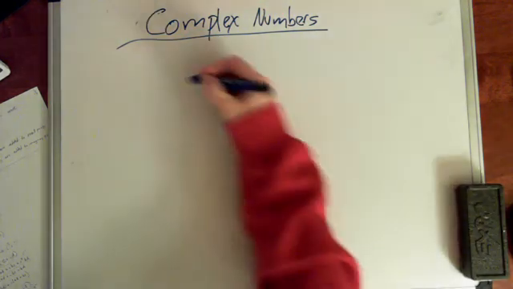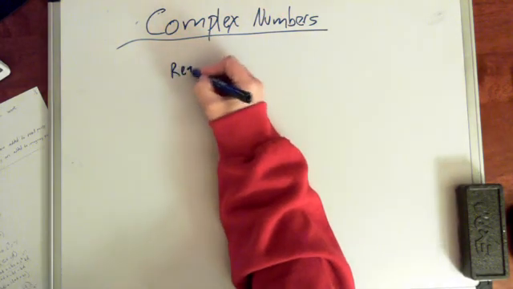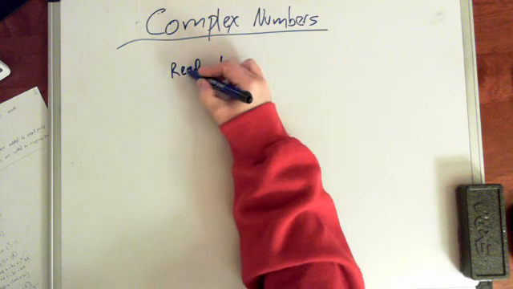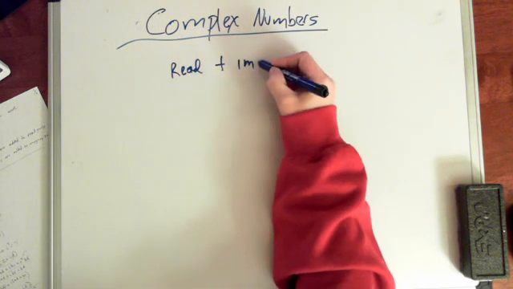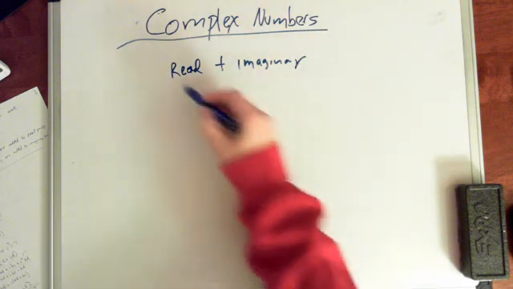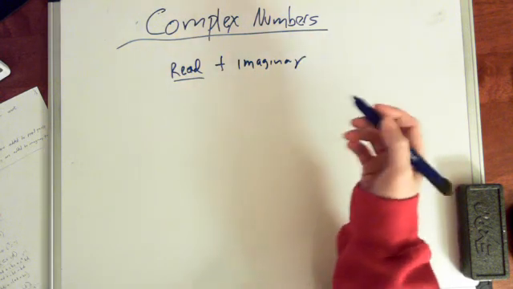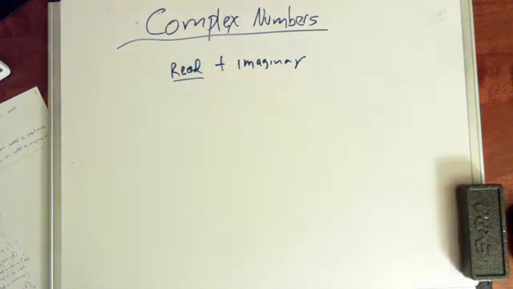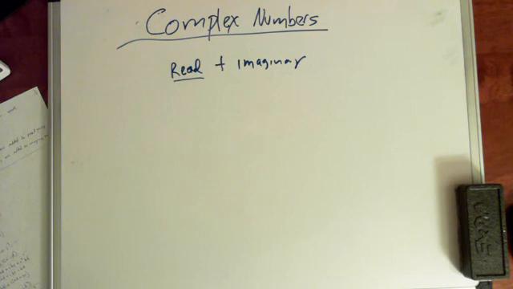Complex numbers include both real and imaginary numbers. So just to review, what is a real number? Real numbers are rational numbers plus irrational numbers.